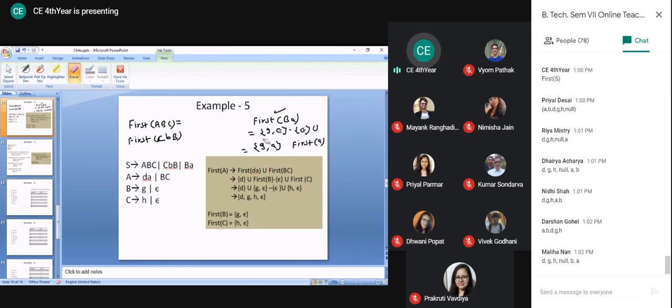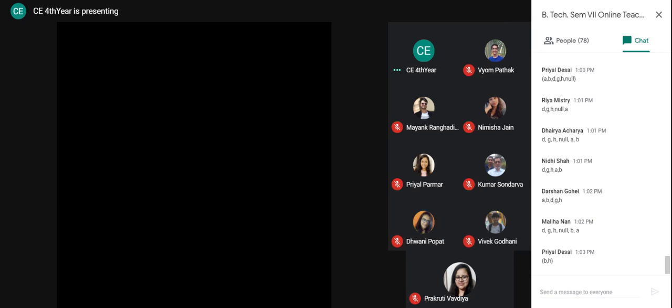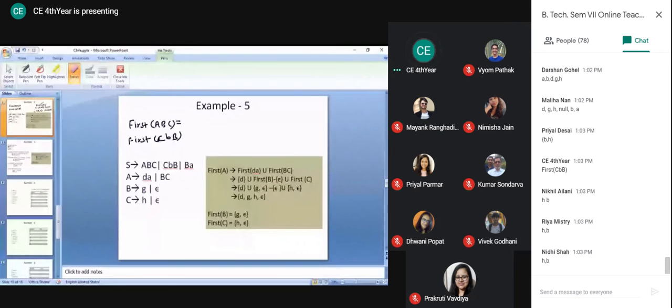So now can you tell what about CbB? You should know the first value of first of CbB. From this you can see first of C is h and null.